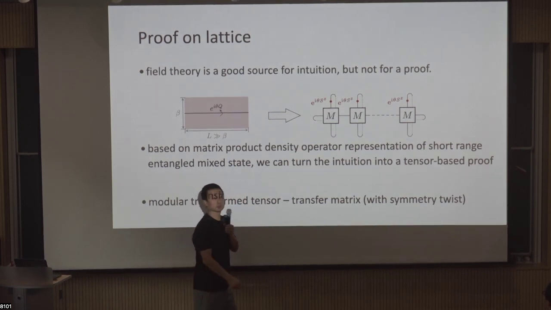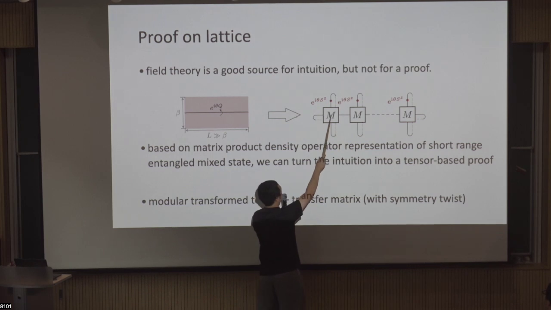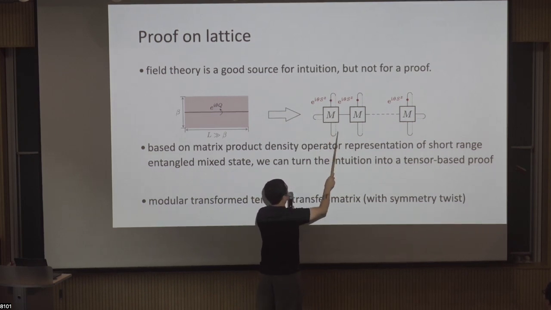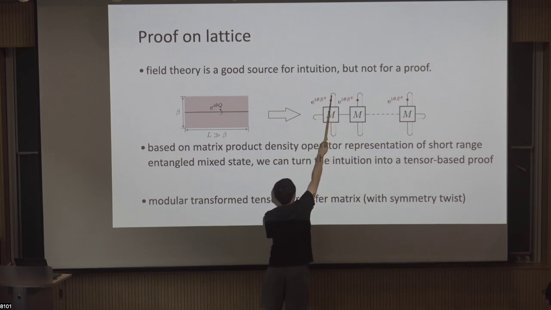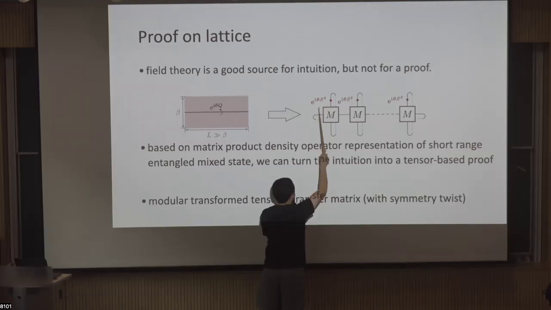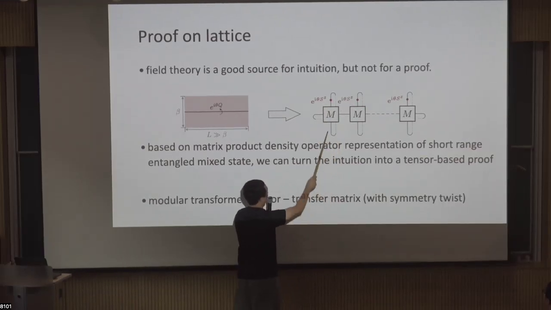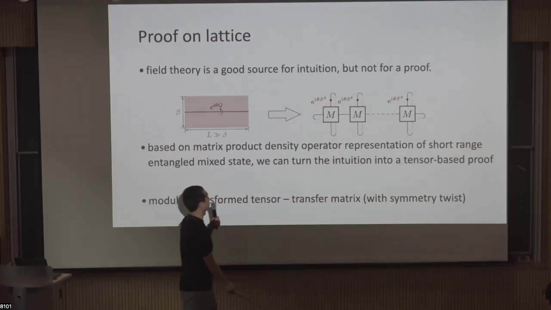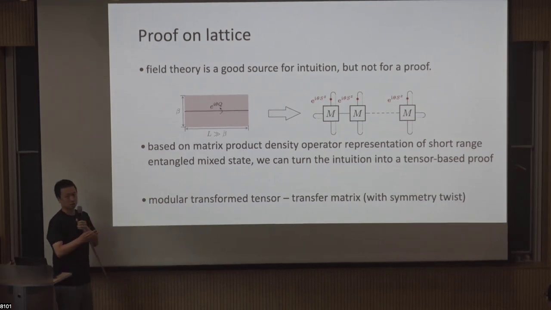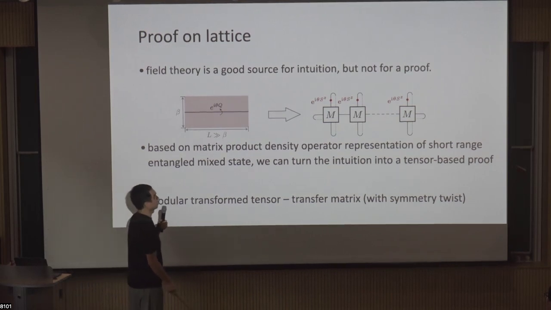The transfer matrix is defined such that you trace the physical leg as the first thing you do, then in the end you trace the internal leg. So this will be a transfer matrix. And then the quantity f(theta) will be basically the magnitude of the eigenvalues of the transfer matrix.